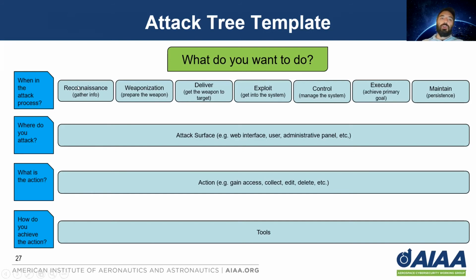And not always are all of these actions something that happens, but they all could be included in any given attack. And so what we are proposing to do when you build out an attack tree is think through each of these steps. And the steps may be reconnaissance, where you're looking around and trying to gather information about that target system, maybe that target satellite system.